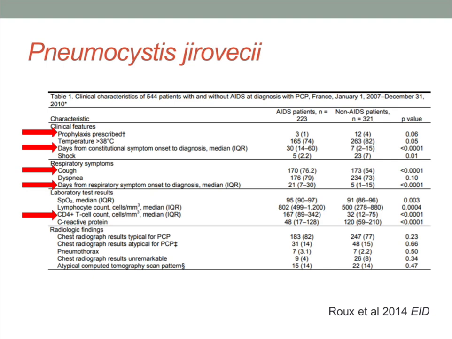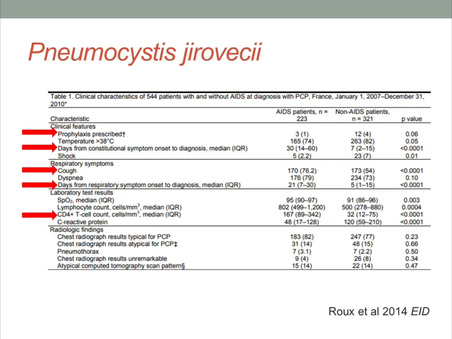Another neat thing the study did was compare the presentation of a patient with HIV to one without HIV. Patients who don't have HIV and develop pneumocystis pneumonia tend to have a quicker onset of disease progression. Instead of 30 days from onset to diagnosis, it's 7, and that was statistically significant.